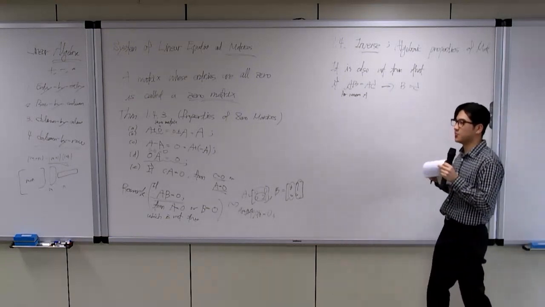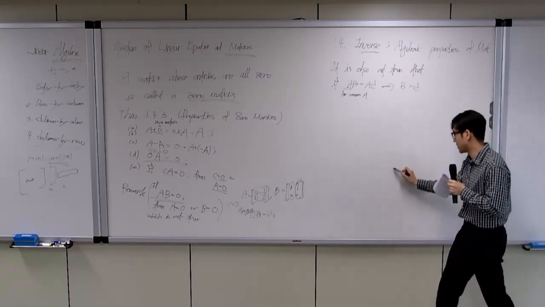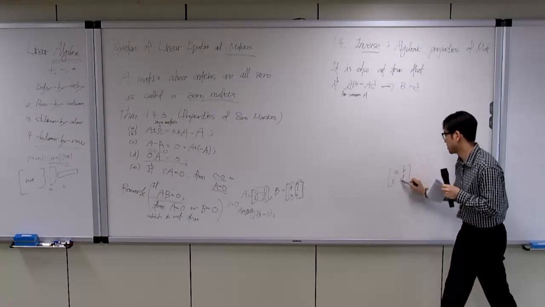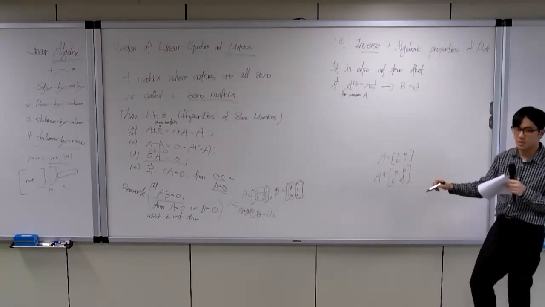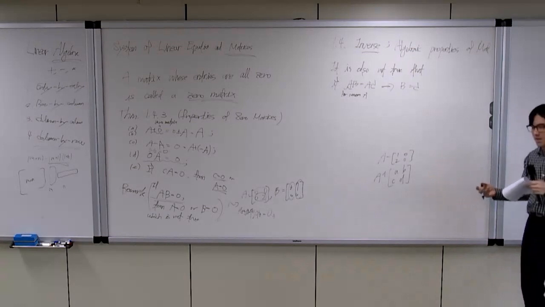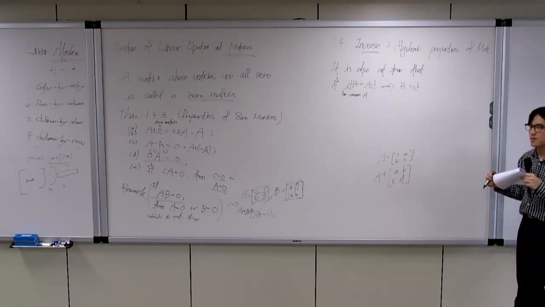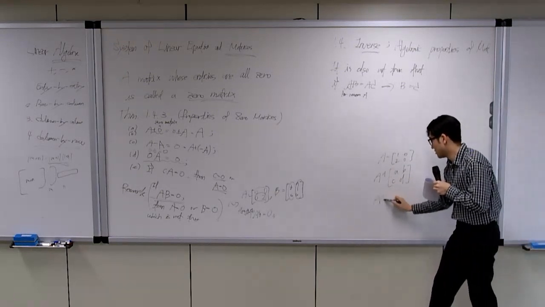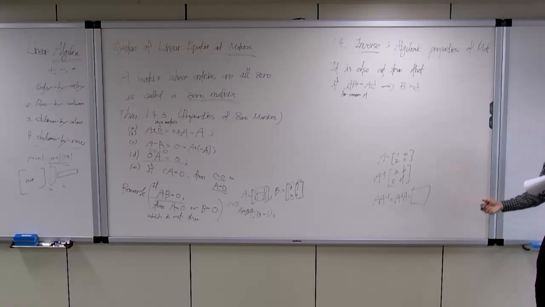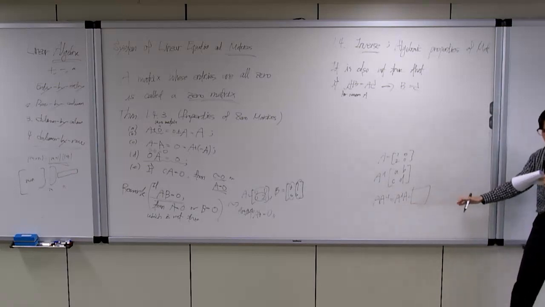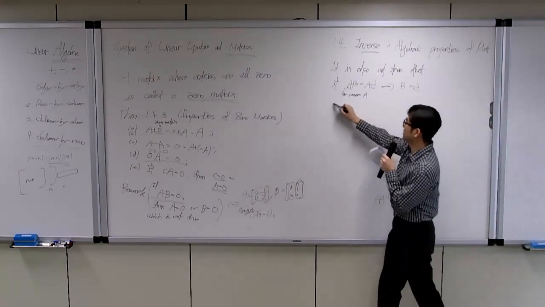And I explained an example to find the inverse element A inverse for 1, 2, 0, 0. But I explained that there was no such inverse of A, and we want to get a special matrix, which I will define.